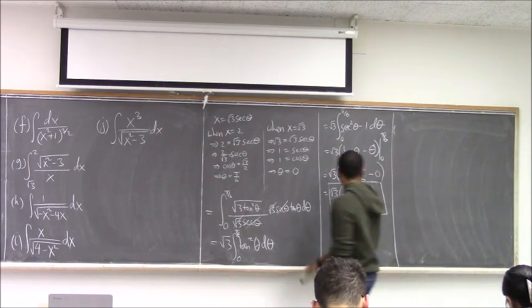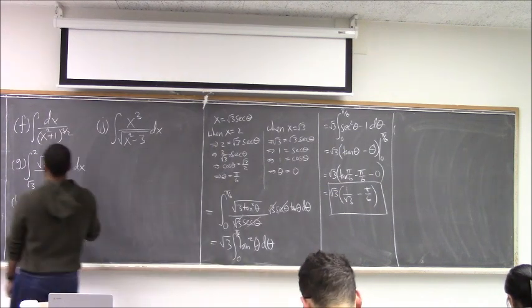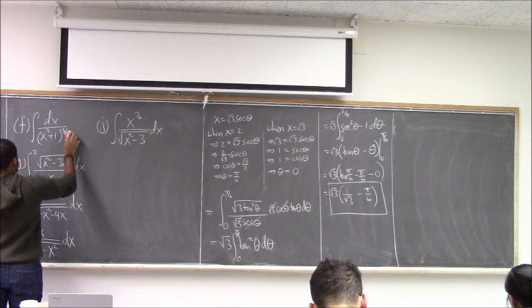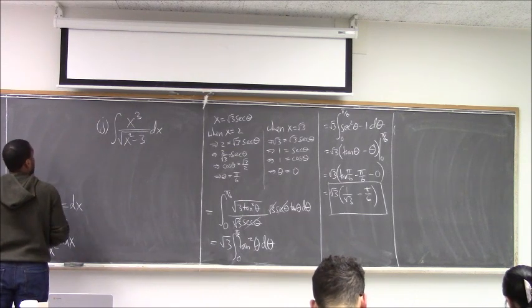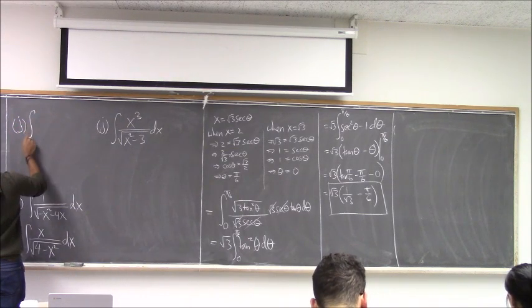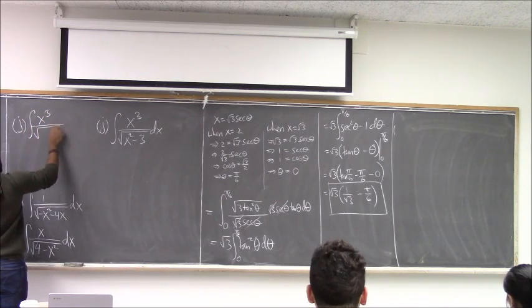I think I like this. I should start off with more space right here. So these two are already done. Let's move to the side a little bit, create some space here.